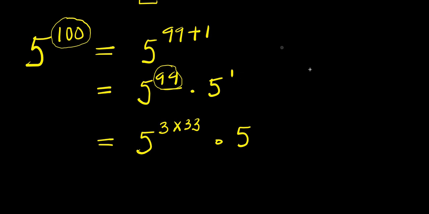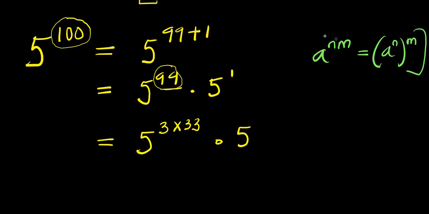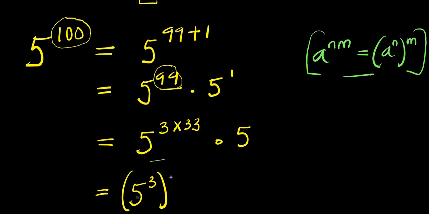Now, we consider this other identity. If you have a power n times m, it equals a power n to the power of m. We apply this identity here again, and we have 5 to the power of 3 to the power of 33 times 5.